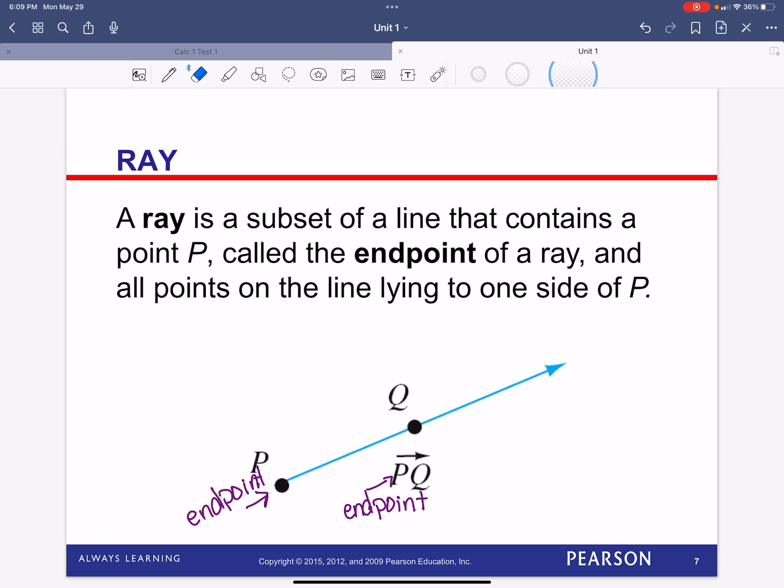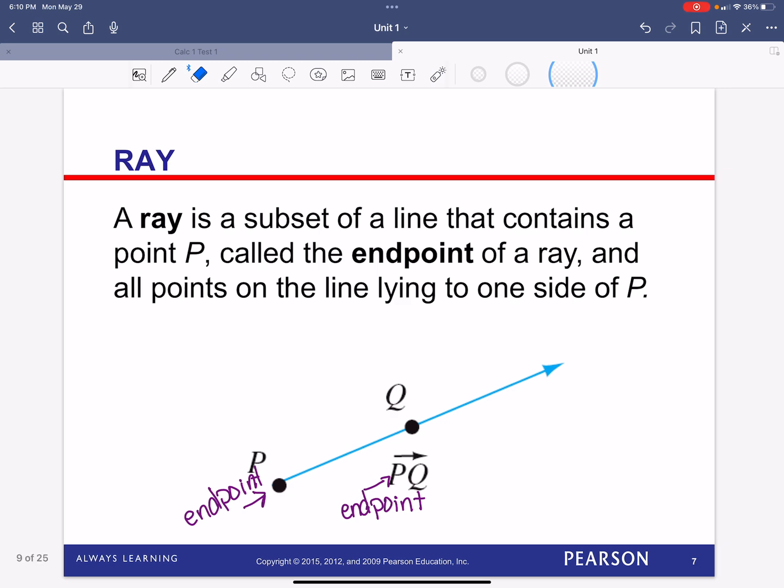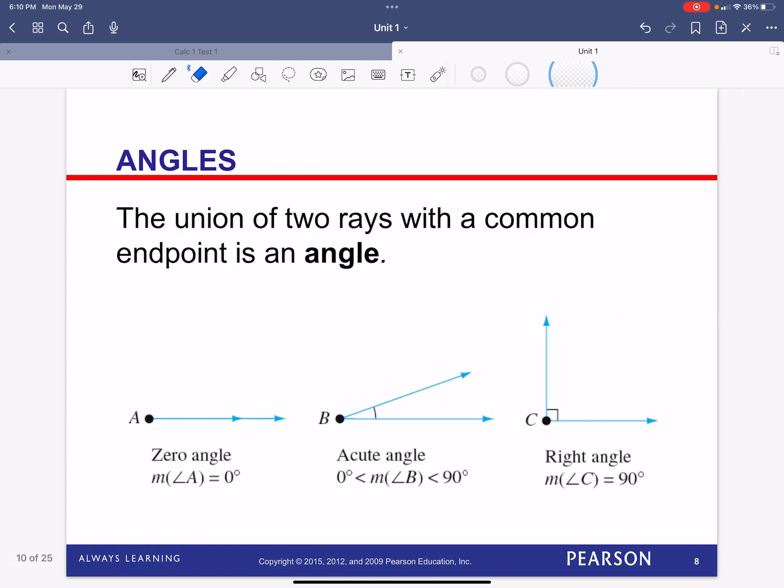Now, when we have 2 rays that have a common endpoint, that's when we have an angle. Here is 1 ray, and then we have another ray right on top of it, and that's a 0 degree angle.